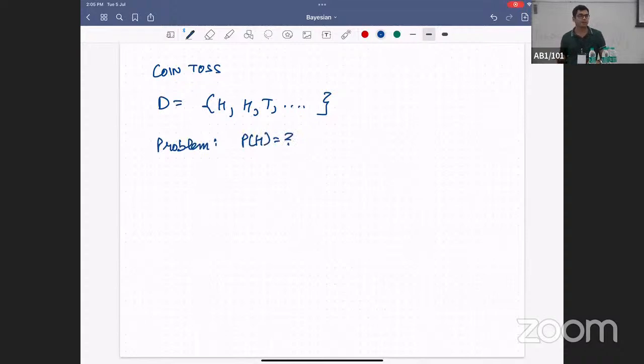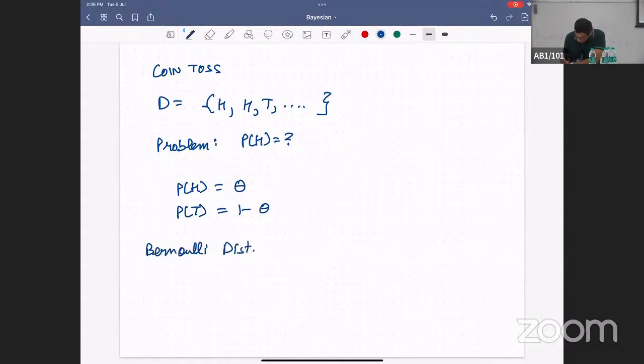We're trying to estimate this. In machine learning, whenever we're trying to estimate something, we denote it with certain parameters, which we try to learn. So we'll say that probability of heads equals theta, which means that probability of tails equals 1 minus theta, right?